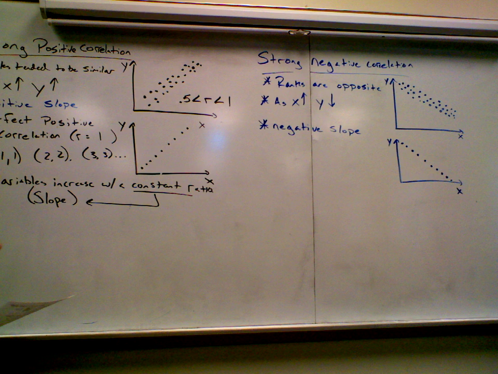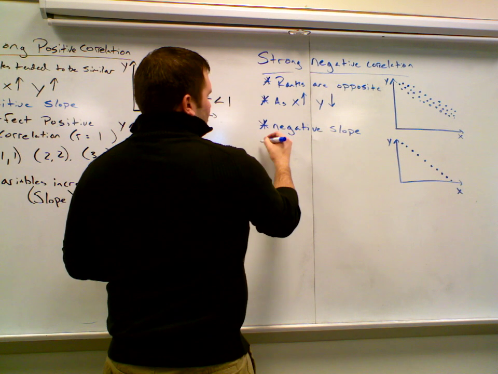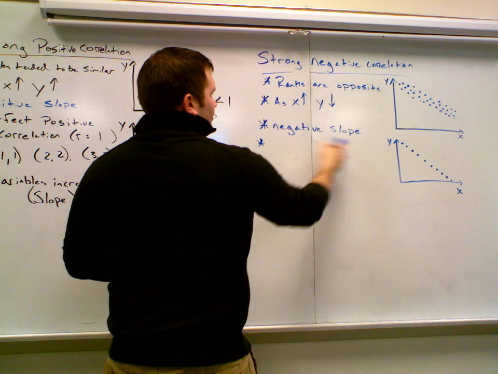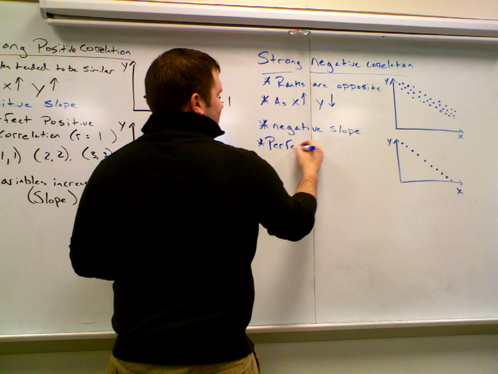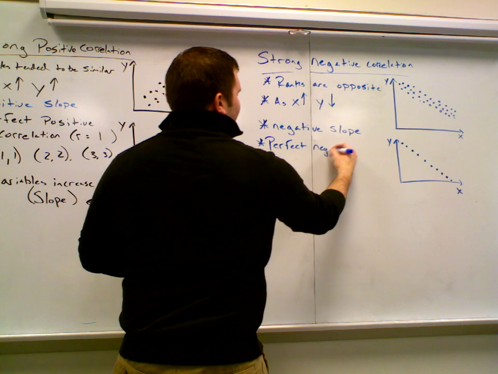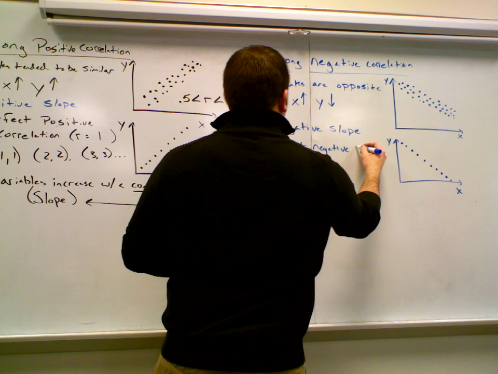Alright. So, negative slope. Does that make sense? This one right here is what kind of relationship? Negative correlation.